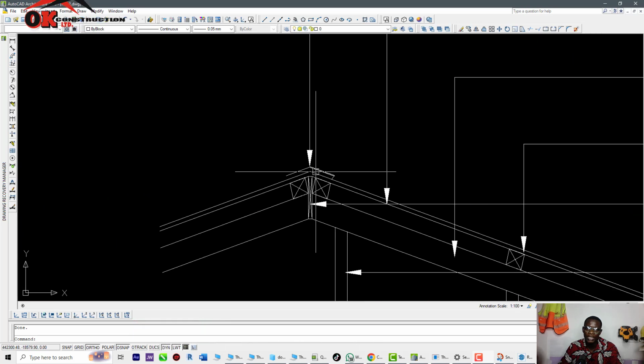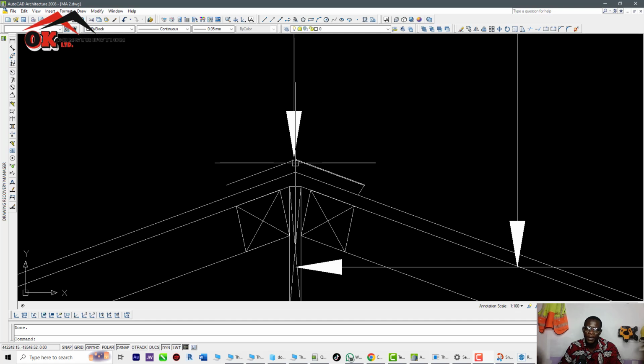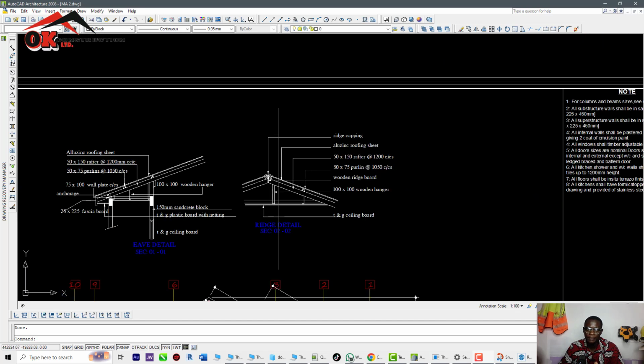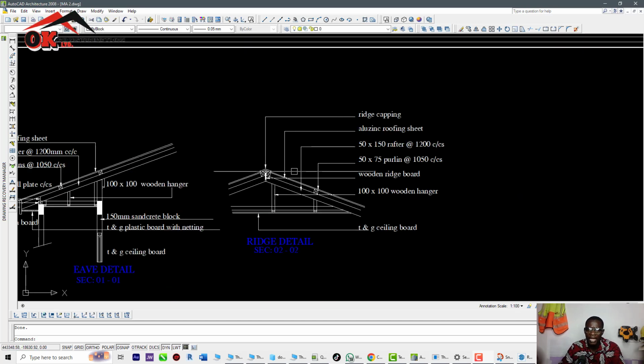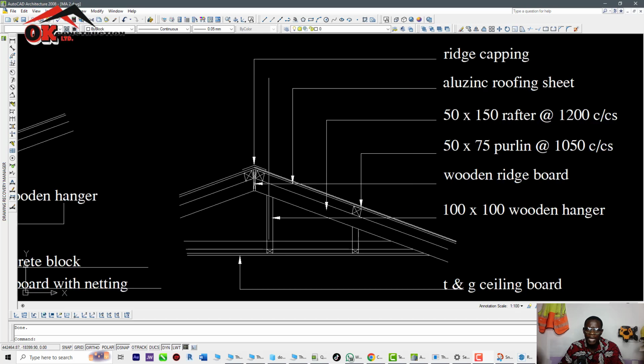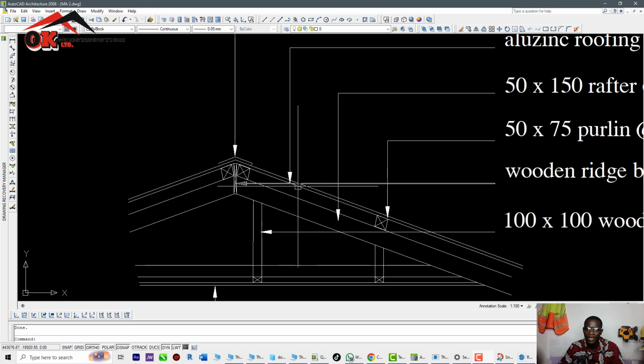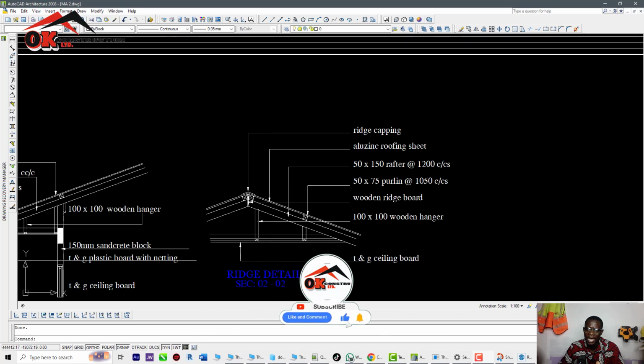After the ridge cap, we have the roofing.